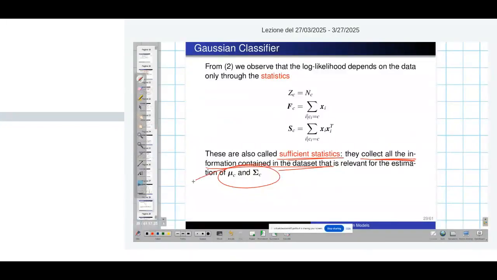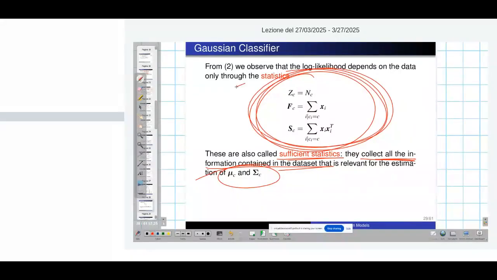What does it mean? It means that two datasets which have different samples, but for which these values are equal, will be, from the point of view of my model, exactly the same thing. They will lead to the same model. So the sufficient statistics are a summary of all the information that my model can extract from the dataset.